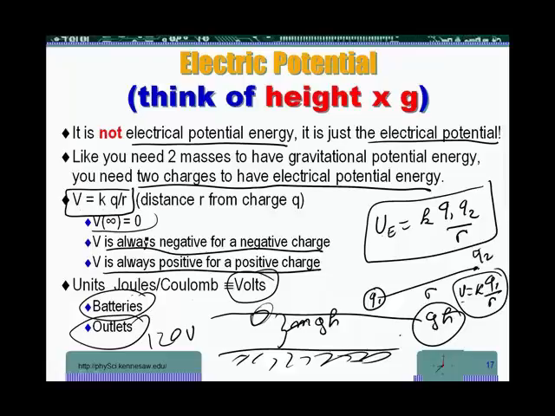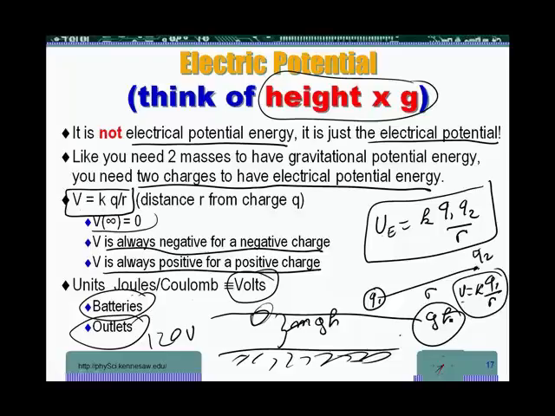It is not energy, but when we have an electrical potential, if we place a charge in that electrical potential, then we have electrical potential energy, and the unit is volts. Now, in terms of gravity, I said think of it as height times g, because g times h, if we multiply it by the mass, we get the gravitational potential energy. Like when we multiply the voltage by the charge, we get electrical potential energy.